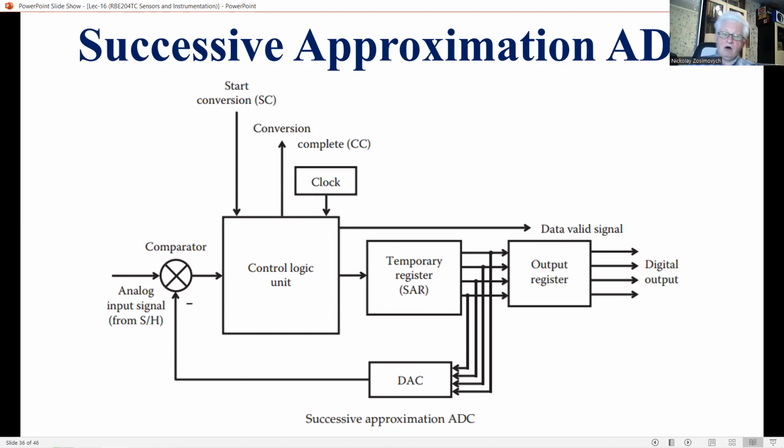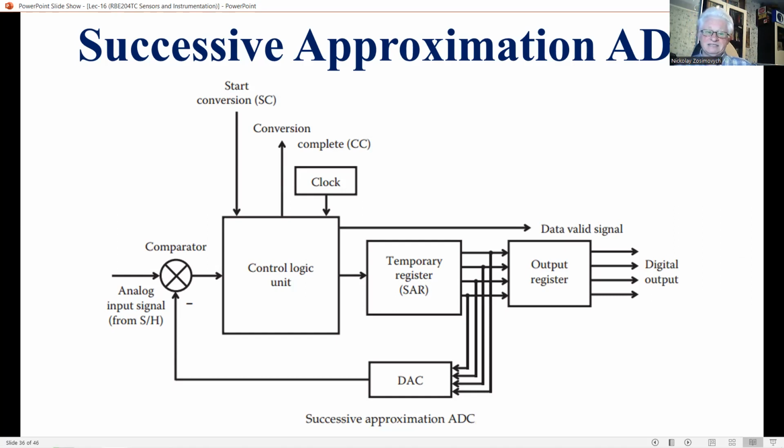If the comparator output is positive, the control logic unit will keep the most significant bit of the temporary register at binary 1 and will proceed to the next approximation. If the comparator output is negative, the control logic unit will change the most significant bit to binary 0 before proceeding to the next approximation.